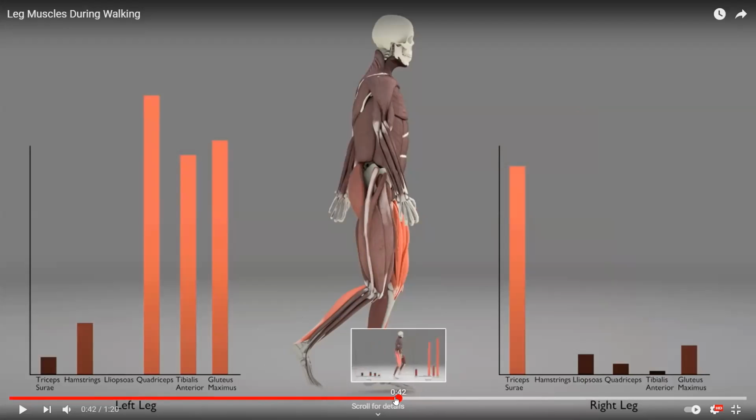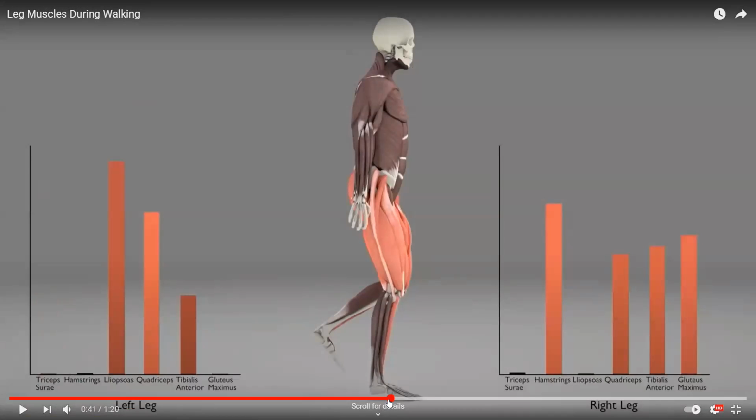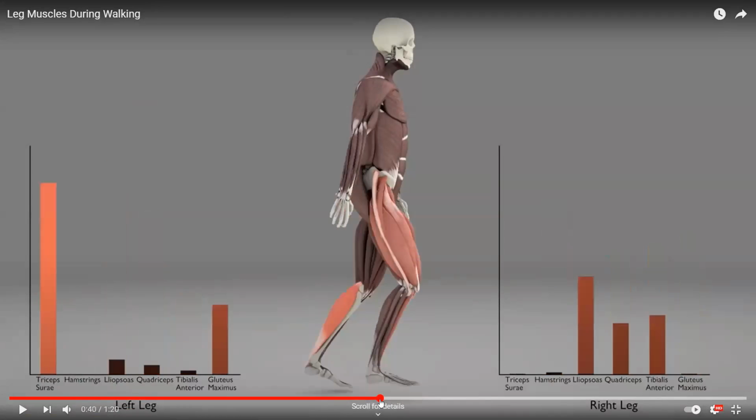I think I went too far back. Okay. So now, too far forward. Okay. So now, because of where I stopped the video and I can't get it to stop just right, let's say that now the right leg is leaving mid swing, about to go into terminal swing, about to go into initial contact.